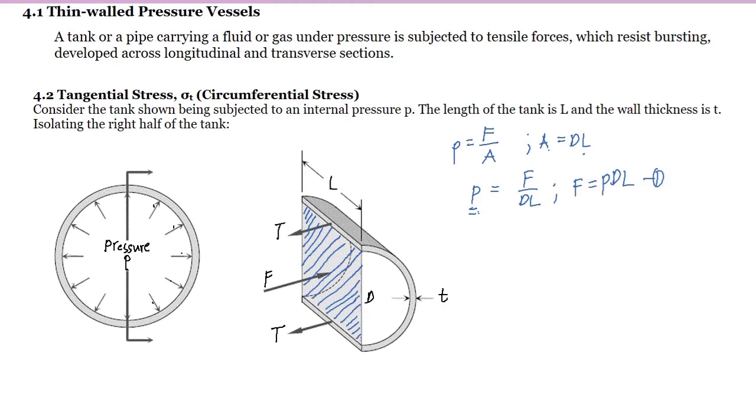So in here, the force acting or the total pressure caused by the internal pressure P and the total tension in the wall. So this T here is the tension in the wall. Now we have the tension in the wall is equal to the tensile stress, and we are now talking here for the tension in the wall, dito sa baba.